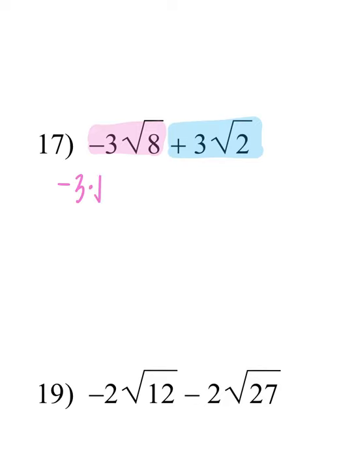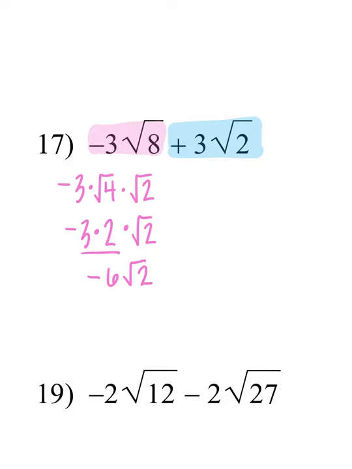So I have radical 4 times radical 2. I can break 8 down into 4 and 2. I'm going to just keep working through this term before I even move on to the blue term. So now I have negative 3 times the square root of 4, which is 2, times radical 2. Now I can multiply these together and I get negative 6 radical 2.